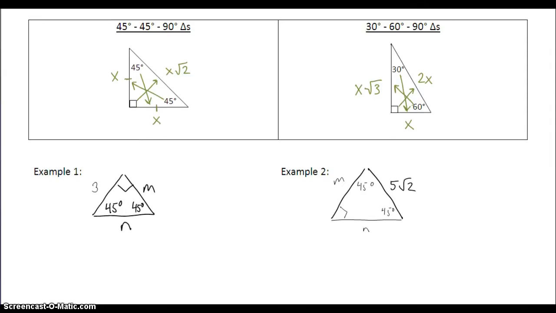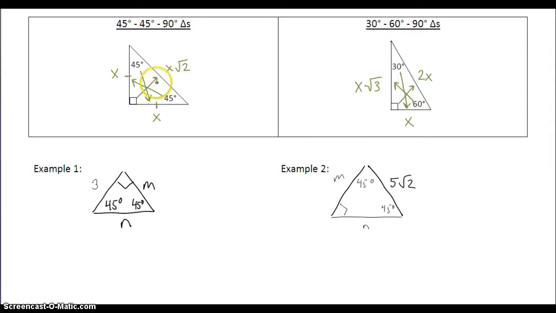Let's take a look at 2 examples dealing with the 45-45-90 triangle. In this picture, I can identify my right angle, and across from my right angle is my hypotenuse. And I can see my two 45-degree angles, and I can identify which sides are going to be congruent.